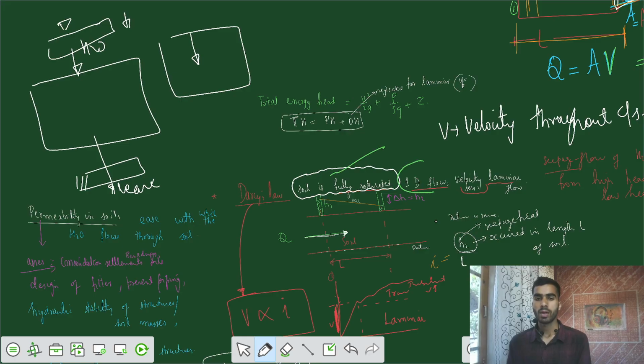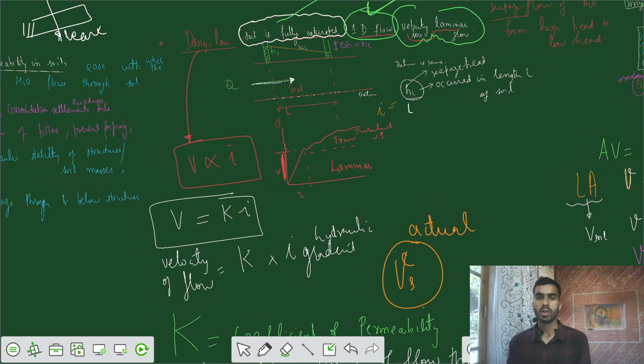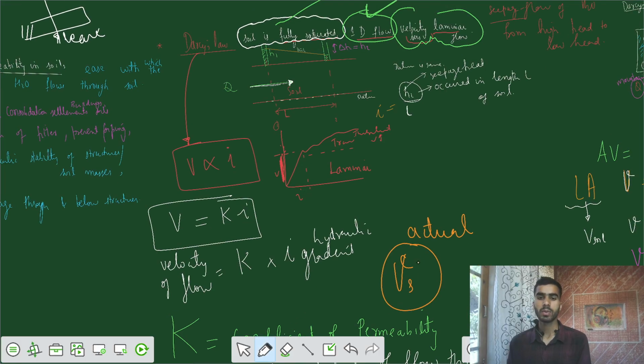And for easy calculations, we talk about one-dimensional flow, and the velocity of flow is such that we are talking about laminar conditions, so that velocity is proportional to the hydraulic gradient i. Then we take those two sections. If flow is possible, it always happens from high head to low head.